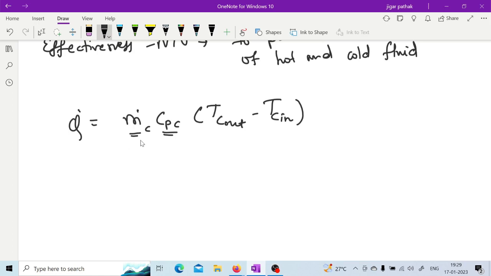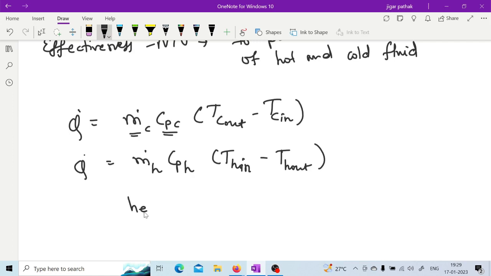So whatever amount of heat is transferred to the cold fluid must be rejected by the hot fluid. Here the inlet temperature of the hot fluid will be higher, so it will be Th in minus Th out. This is how we have the heat transfer in the cold fluid and hot fluid in a heat exchanger. Now, in order to simplify this, we can define one more term, the heat capacity rate.